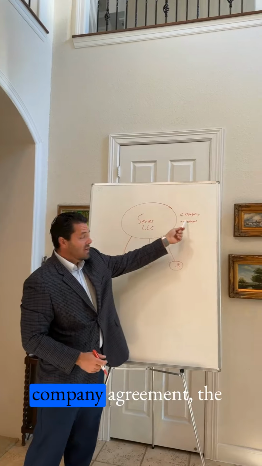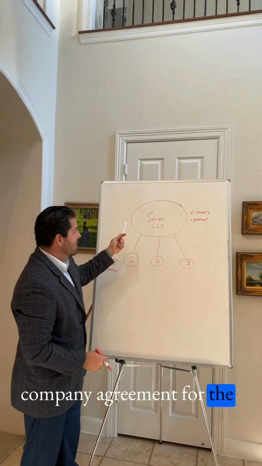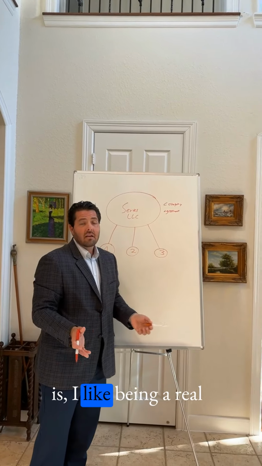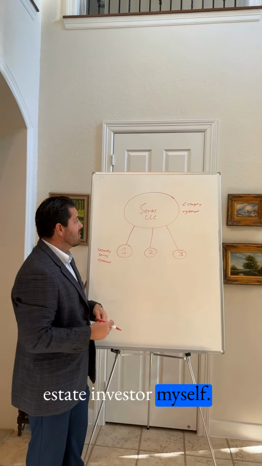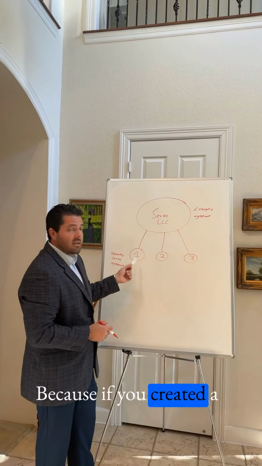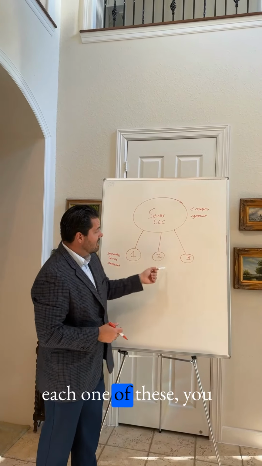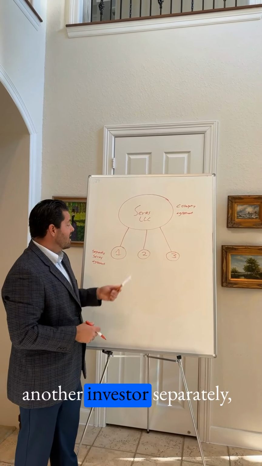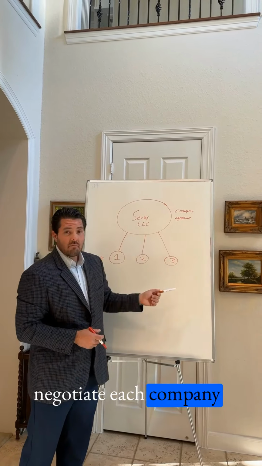But the company agreement for the parent, for the mother, is going to govern all the general terms, which I like, being a real estate investor myself, because if you created a special purpose entity for each one of these, you would have to separately, or you may, if you bring in other investors, separately negotiate each company agreement.